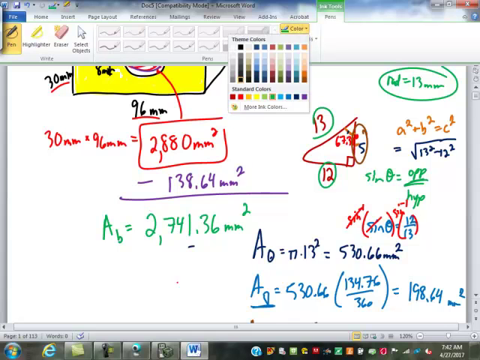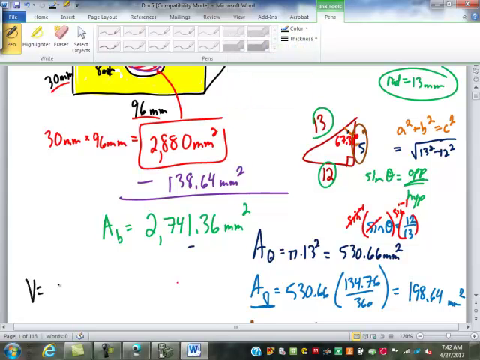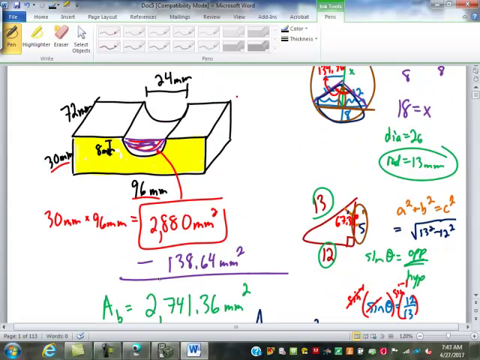So we need volume yet. Volume will be the area of that base times, what are we going to multiply it from out of here? 72, yes. That's what takes that base to the opposite side, is the 72.